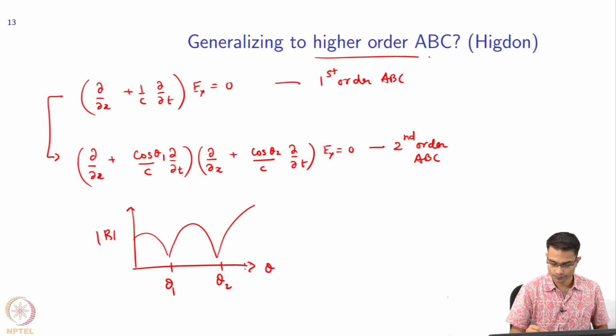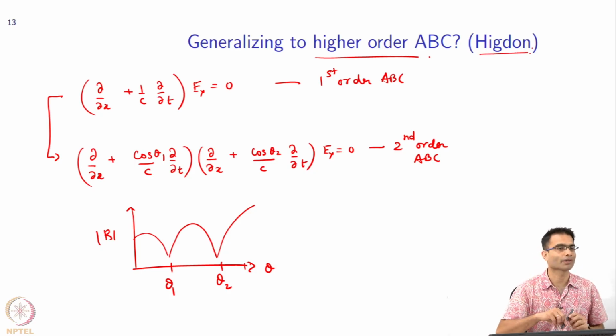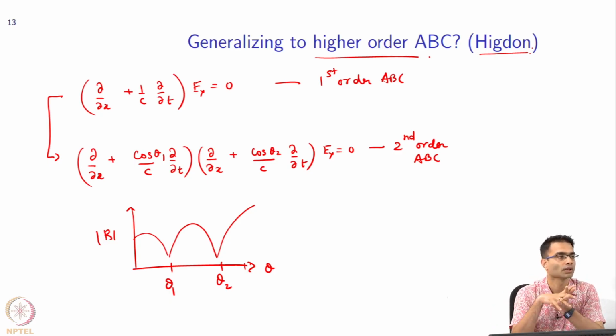These are called Higdon boundary conditions, named after the scientist who proposed them. That concludes our discussion of how to implement first order ABCs and just a high level idea of what to expect in higher order.